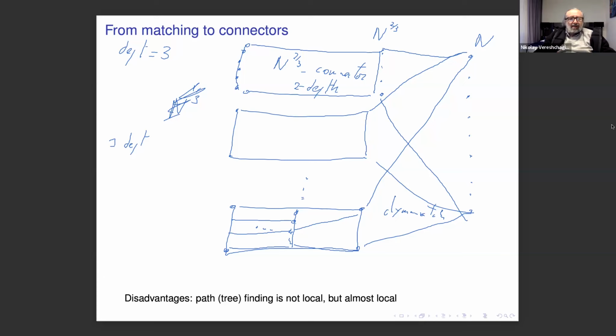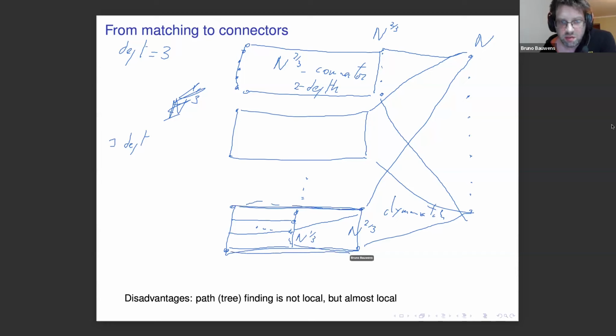And then here we will make, in each block, n to the power 2/3 at the right and n to the power 1/3 here. And again we have inside each block, so we do it recursively. Here we have n to the power 1/3 blocks, like mini blocks.